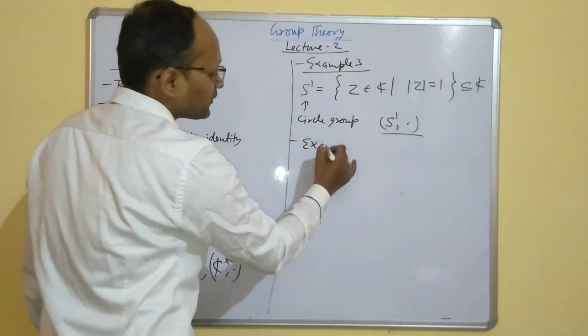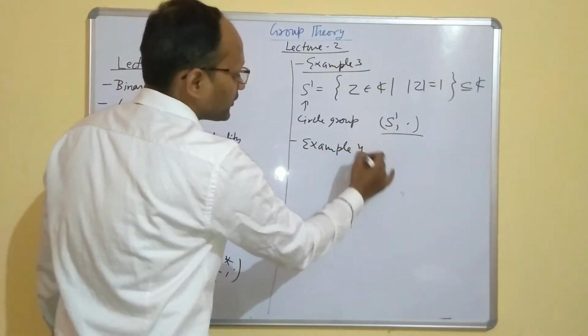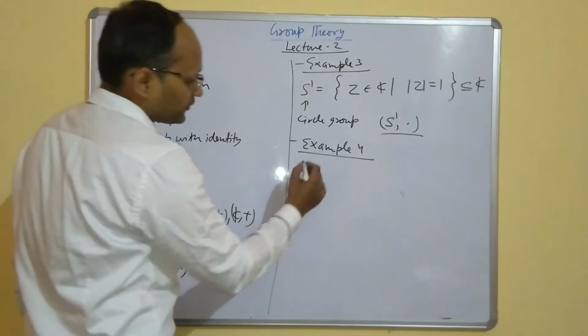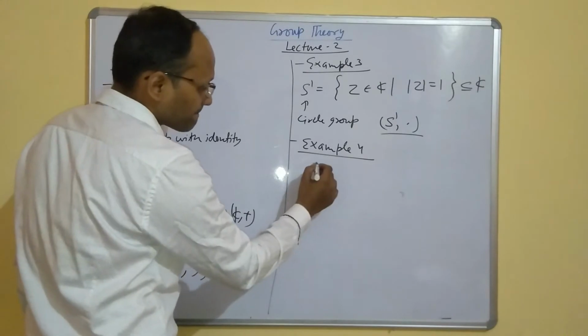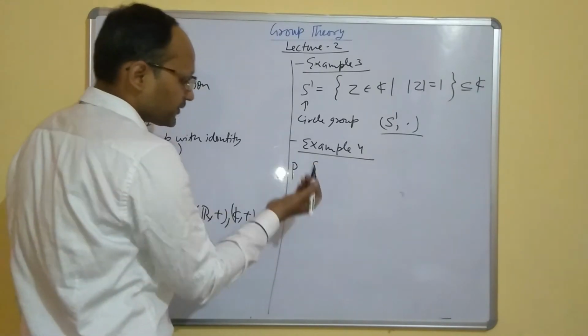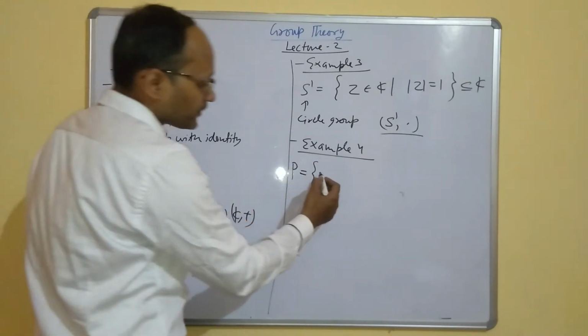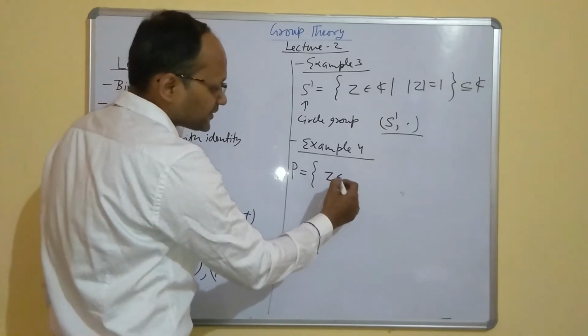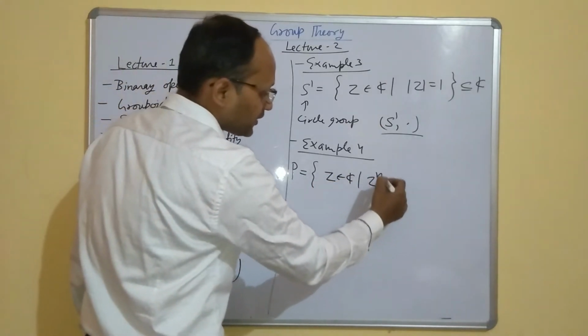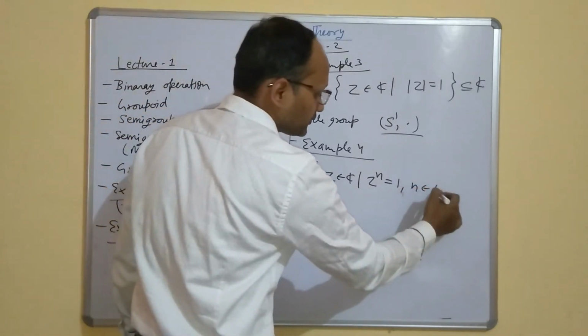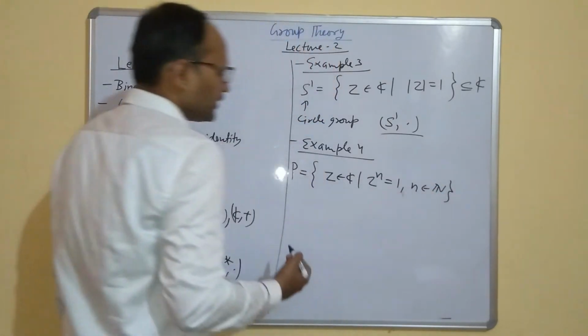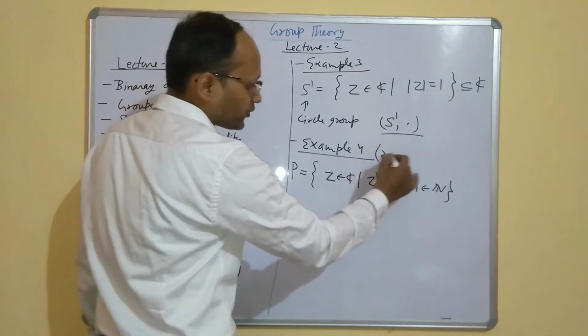And next example was example 4, in which we define the set, perhaps I denoted by P, and this was those z in C such that z to the power n is equal to 1 and n belongs to N. We are calling it the roots of unity.